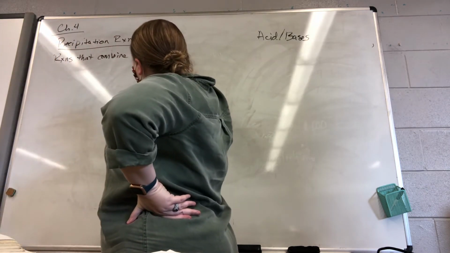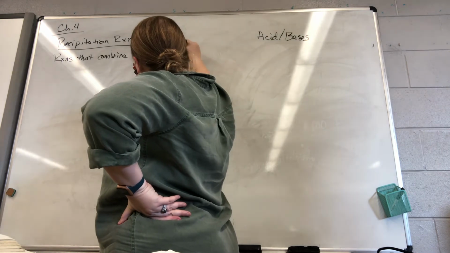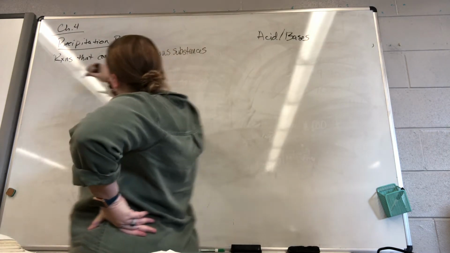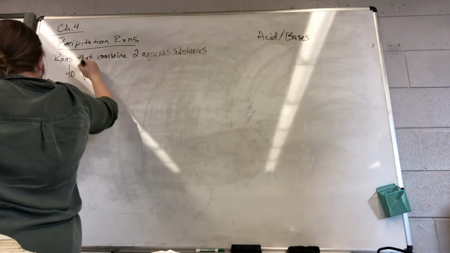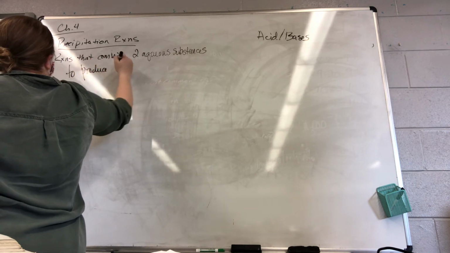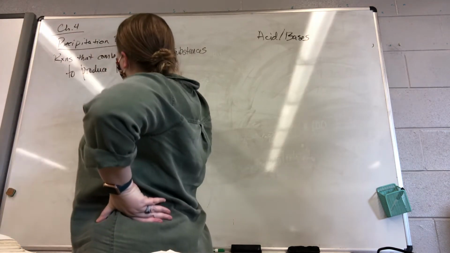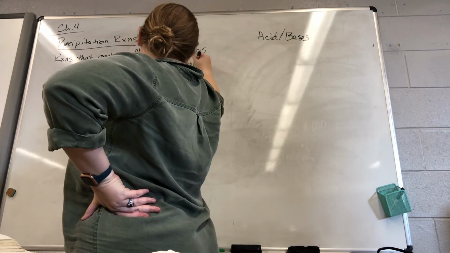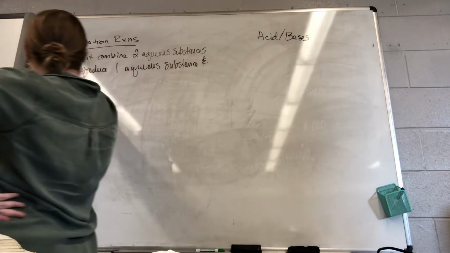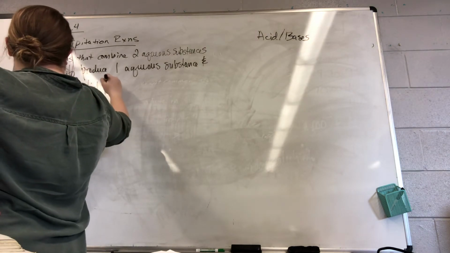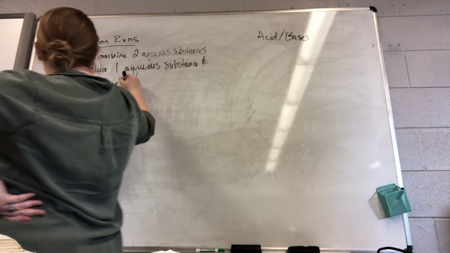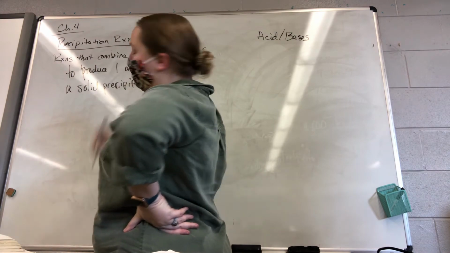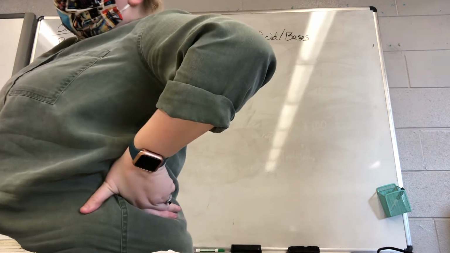All right, so precipitation reactions were reactions that combine two aqueous substances to produce one aqueous substance and a solid precipitate. An example.